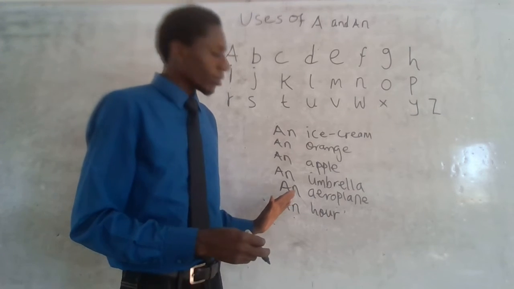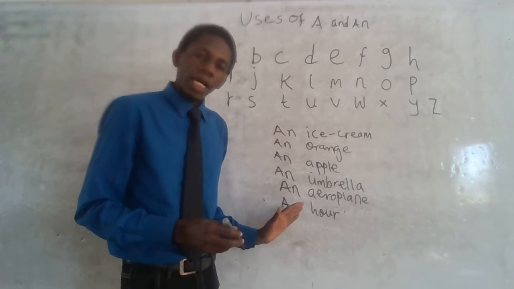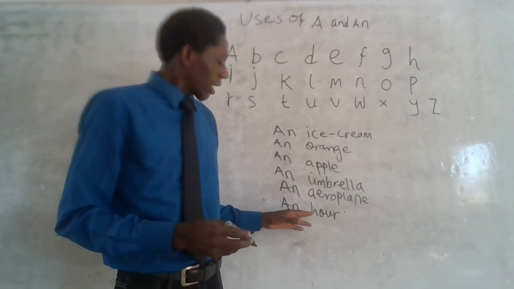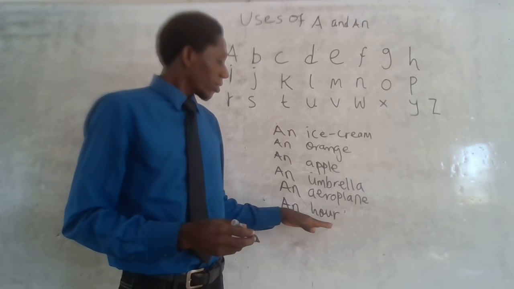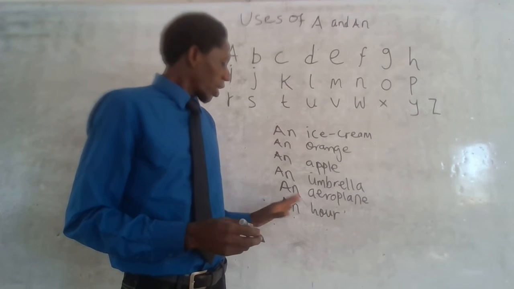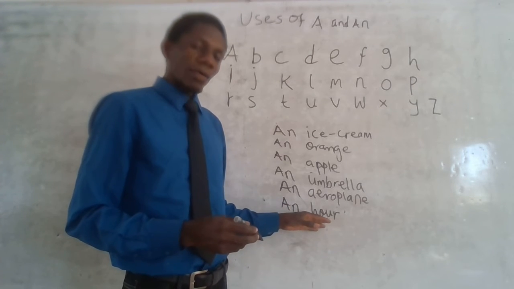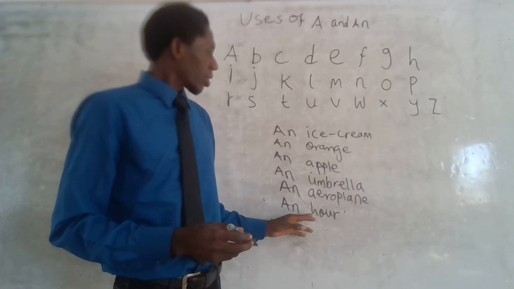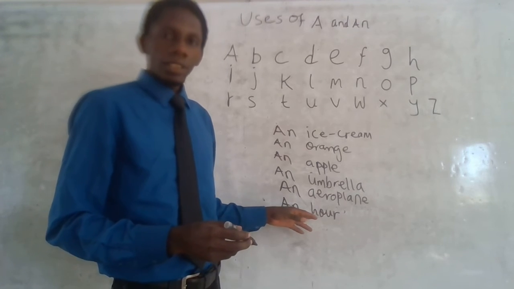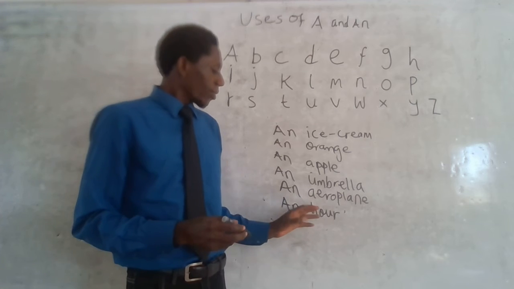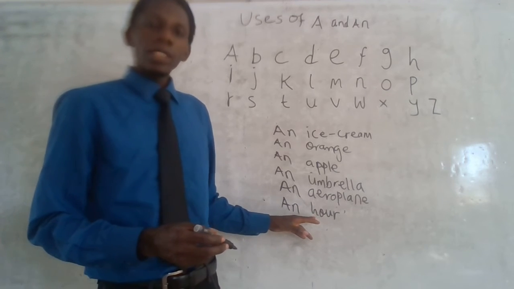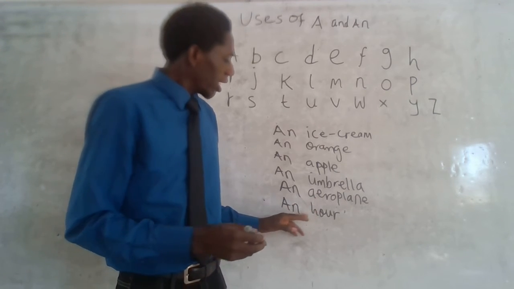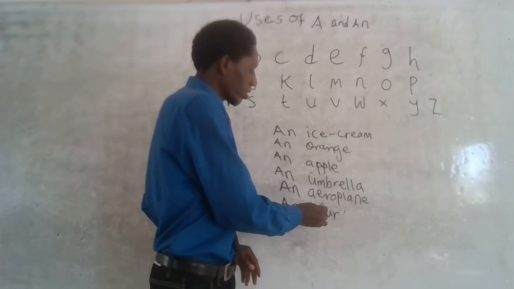Somebody may ask how come we are using an to pronounce hour, when the letter H is not a vowel, it's a consonant. So remember that in the word hour, the H is silent.